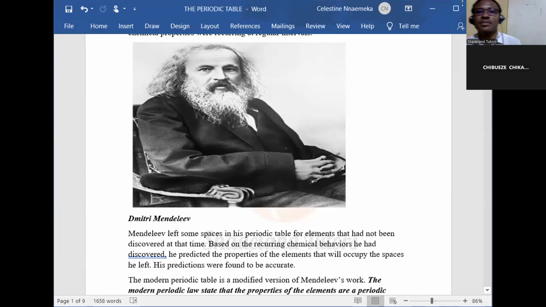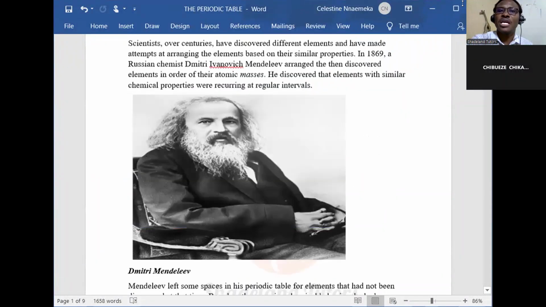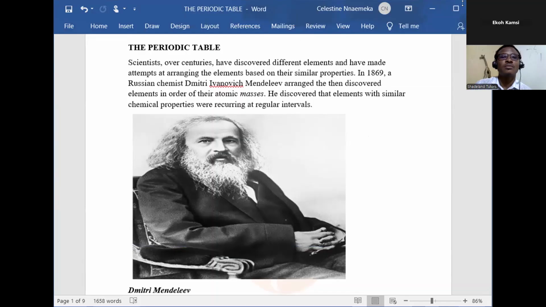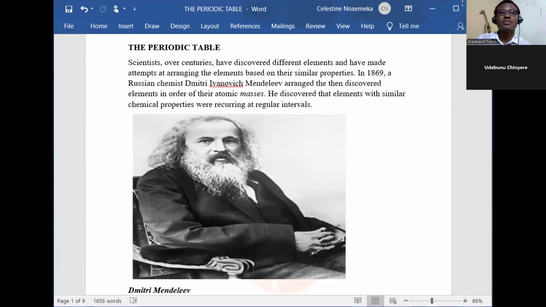Question number 1. Who can state the modern periodic law? Elements are arranged in the periodic table by increasing relative atomic mass.